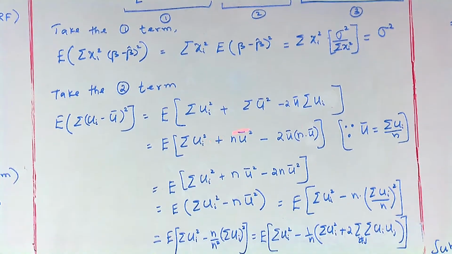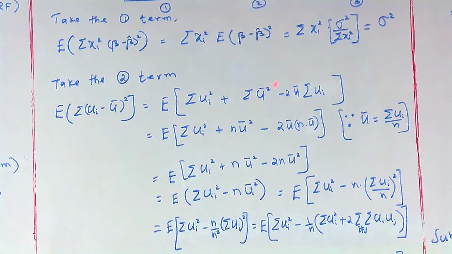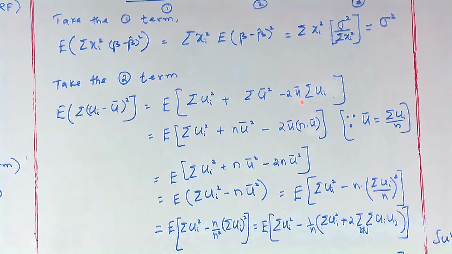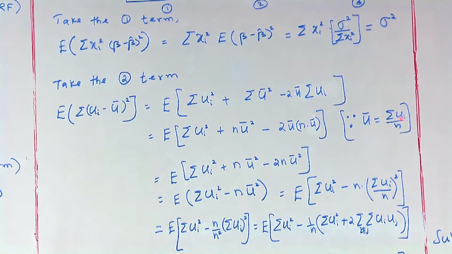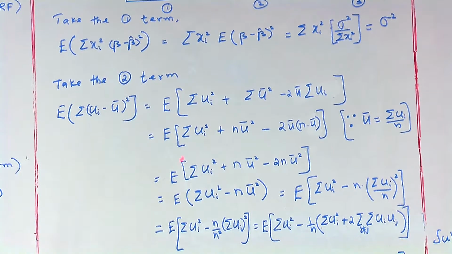We get three terms: Σui square plus, summing this n times, n ū square, minus 2ū Σui. We know ū is equal to Σui by n, so Σui is equal to n into ū. We substitute this value here, so now we may derive this equation further.